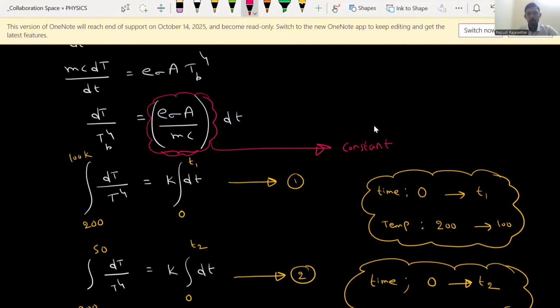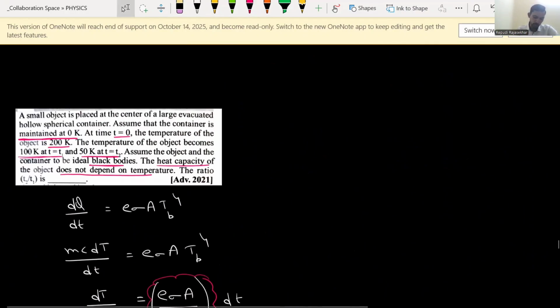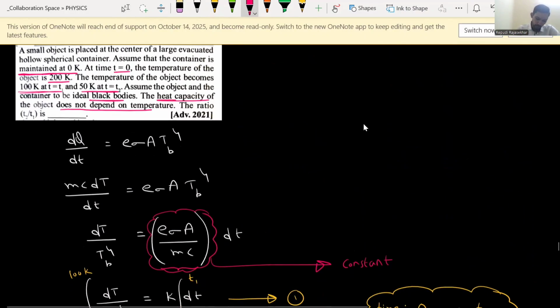But in that particular question, the heat capacity is constant, which is why I took the whole term as a constant. In the question they also mentioned in the last line that the heat capacity of the object does not depend on temperature.